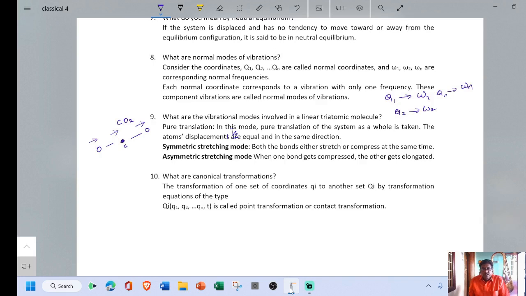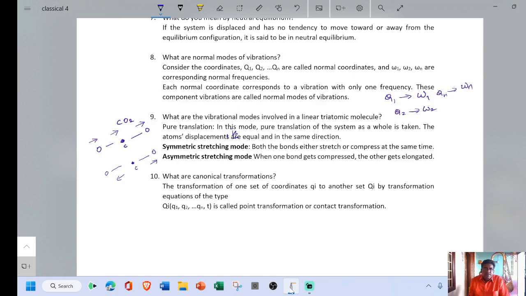Next case is symmetric stretching mode. Both the bonds either stretch or compress at the same time. See, this is central carbon. Two oxygen atoms are present like that. Suppose stretching is taking place, two oxygen atoms are moving far away from the central carbon at the same instant of time.